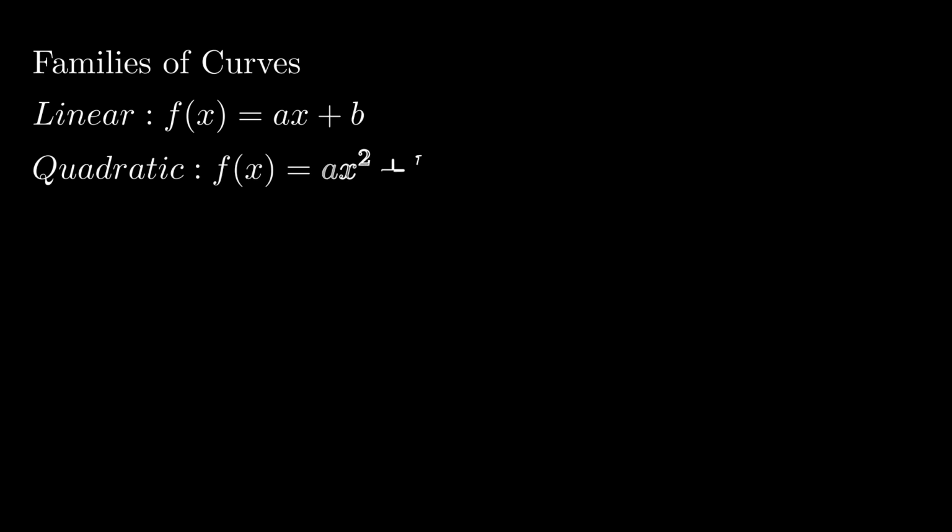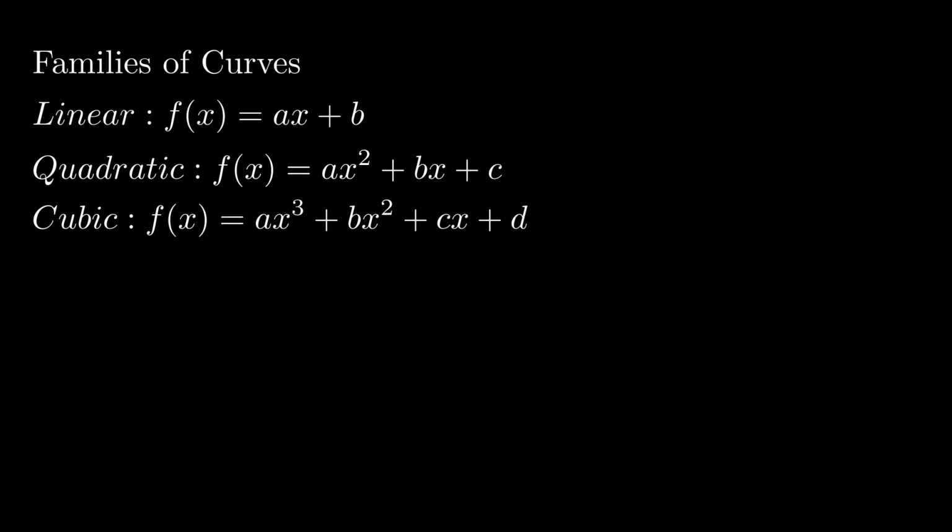First, let's talk about the families of curves that we talked about in the previous video. We talked about the linear functions, which are represented by straight lines of the form f of x equals ax plus b. Quadratic functions, the general form of this equation is f of x equals ax squared plus bx plus c. And the cubic function, f of x equals ax cubed plus bx squared plus cx plus d.